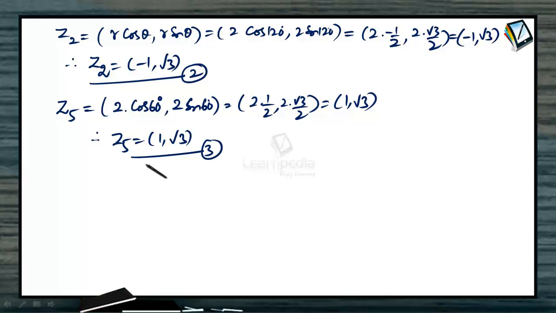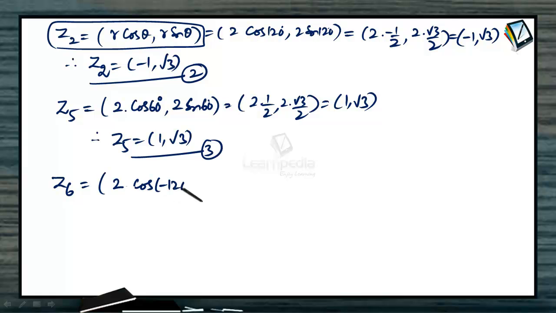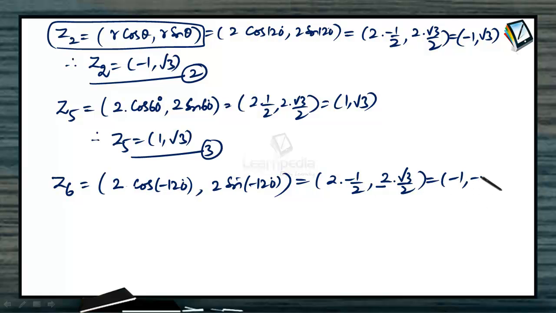Now the last vertex is Z6. To get Z6 from the same formula, we have 2 cos(-120) and 2 sin(-120). Cos 120 is -1/2, but sin of minus theta is minus sin, so minus sin 120 gives minus root 3 by 2. So it becomes (-1, -root 3).